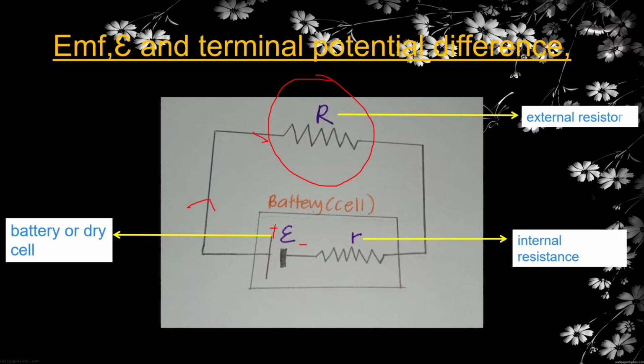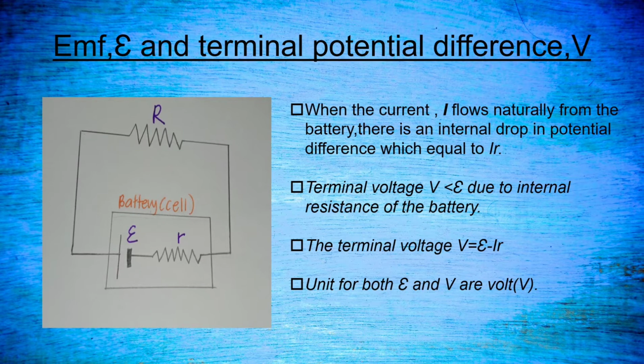The next equation is only applicable where we use a dry cell or wet cell. Any cell, battery, dry cell or wet cell has an internal resistance, so we can use this equation. But if we use a power supply, we cannot use this equation to calculate the terminal voltage.